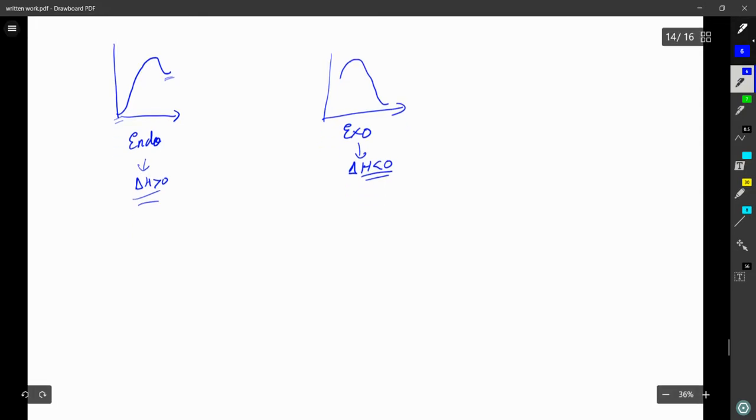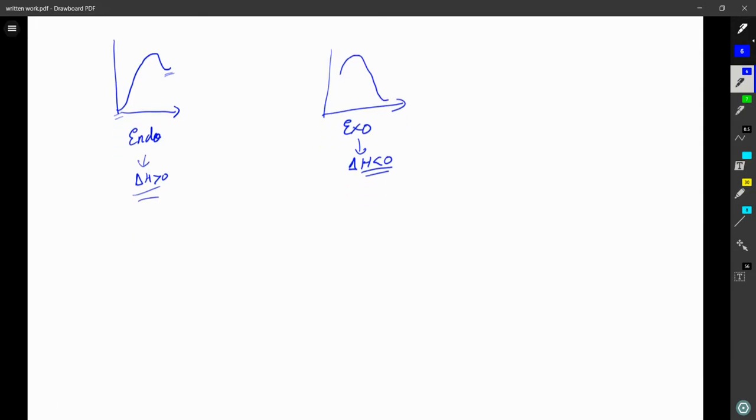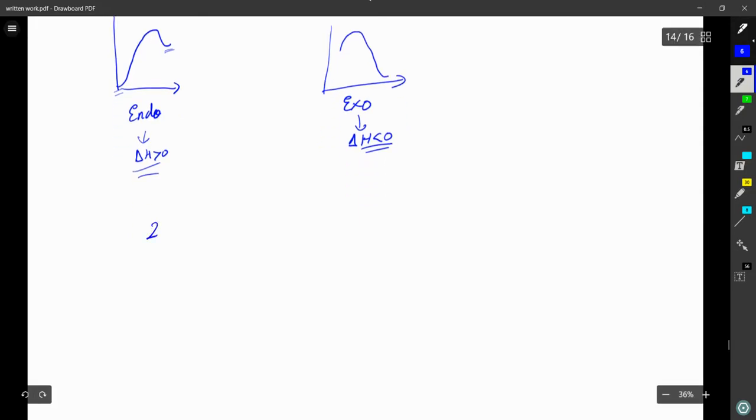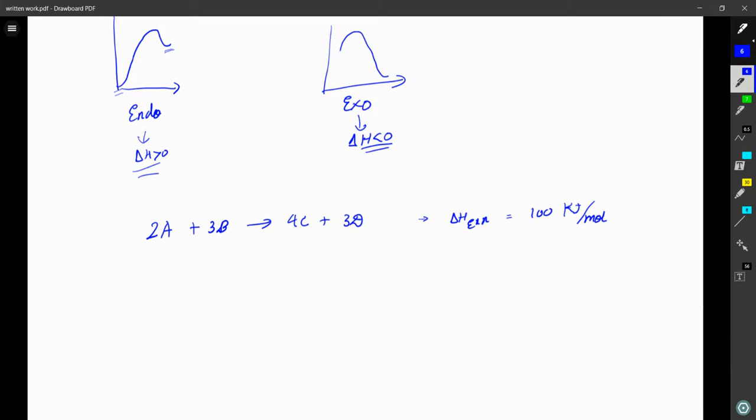And then there's one small thing I would like to mention here. Let's say you have a reaction 2A plus 3B gives 4C plus, let's say, 3D. Now I'm given that delta H of reaction is, let's say, 100 kilojoule per mole. Now the question comes: per mole of what? It's actually per mole of equivalent.